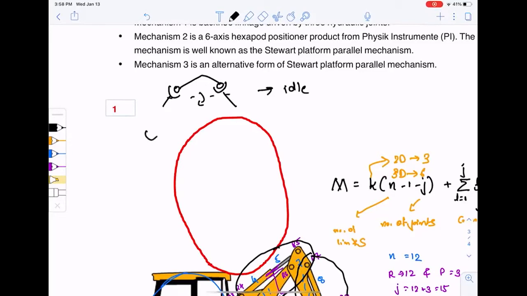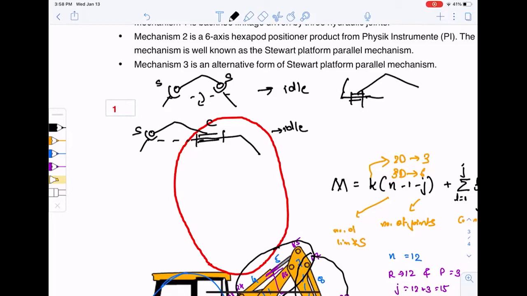Then if we have one cylindrical joint and one spherical, this is idle. Then in case we have cylindrical and cylindrical, this is idle.